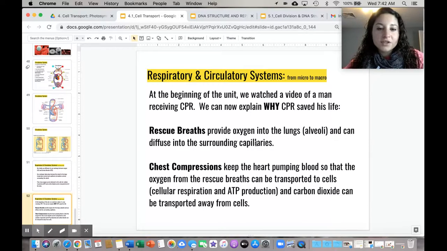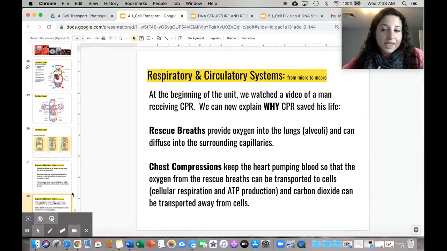Now that we have the oxygen in the capillaries, we can use the chest compressions to keep the heart pumping so that blood with the oxygen from the rescue breaths can be transported to cells and used for cellular respiration and ATP production, and then the carbon dioxide that's made as a byproduct can be transported away from the cells. So we are manually keeping the respiratory system and circulatory system going if a person is receiving CPR. And that's how it works.